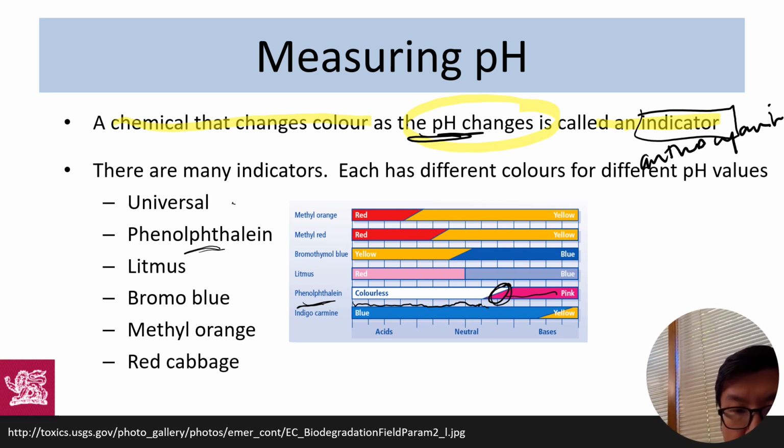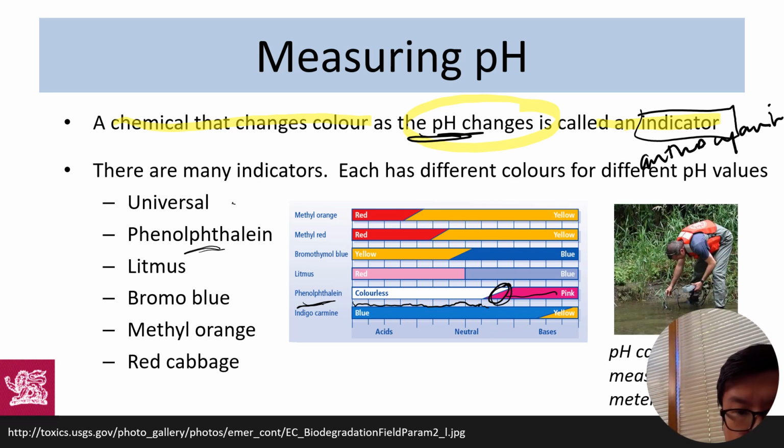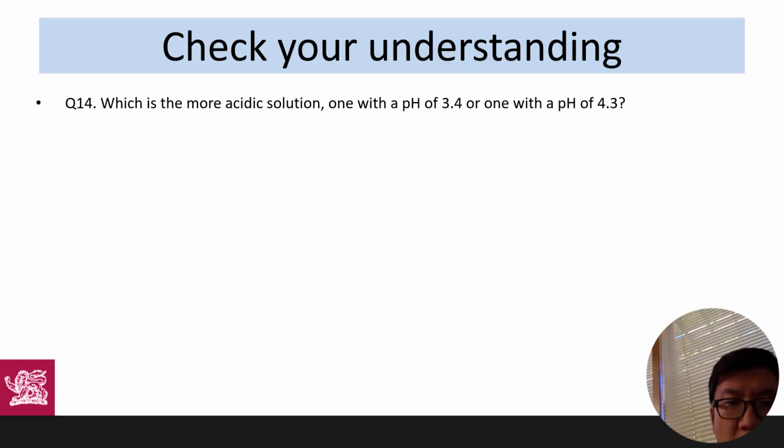All right, so here are some questions for you to think about. Some that are just testing, do you know that acidic substances are more acidic when looking at their pH?